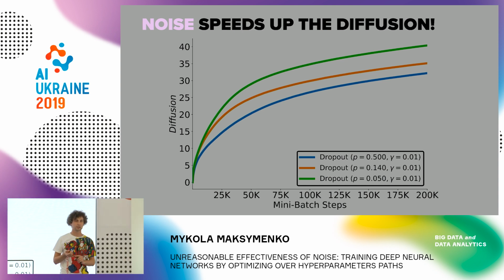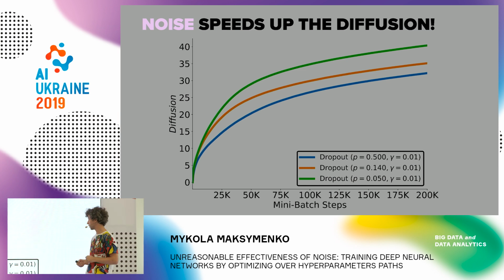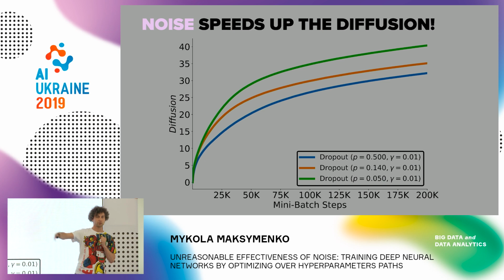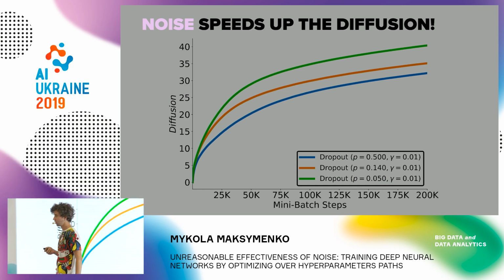Diffusion is the Euclidean distance between the vector of the initialized network and the vector of the network at some point in time. And we see that when we have more dropout in the system, the particle or our network travels much faster. And this is important for training.